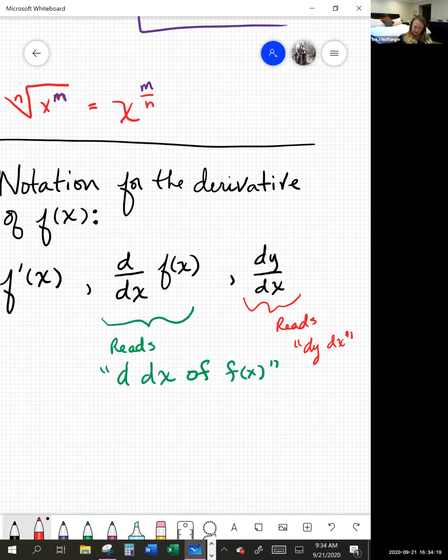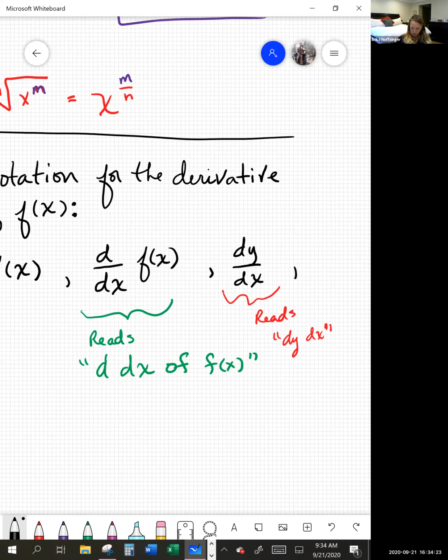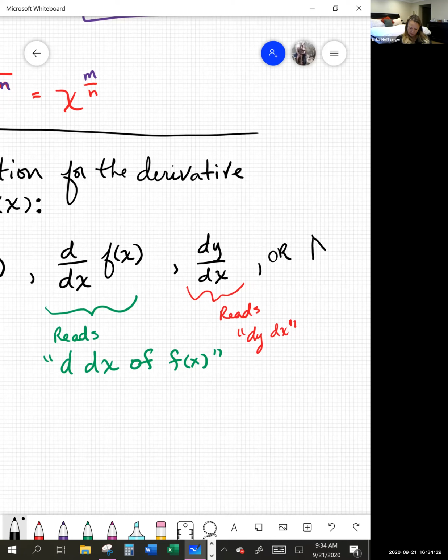Or, which I don't usually see this one, capital D, little x, f of x.